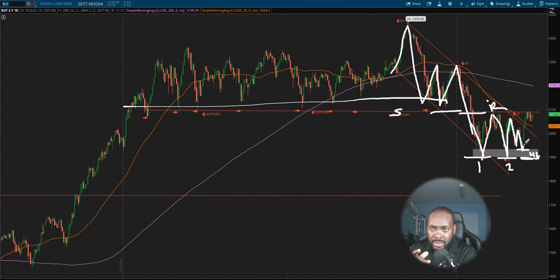In the short term, price rallied, broke out of the downtrending resistance, right? DR, downtrending resistance, where price got rejected twice here, and earlier this week we got the breakout.